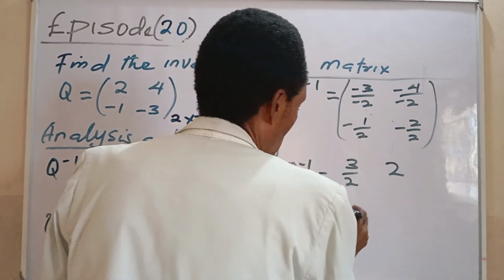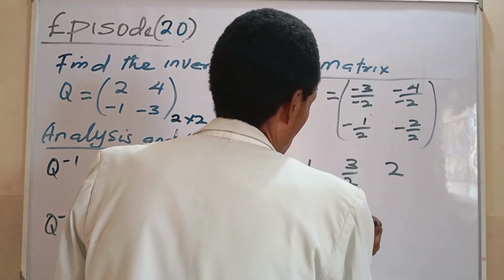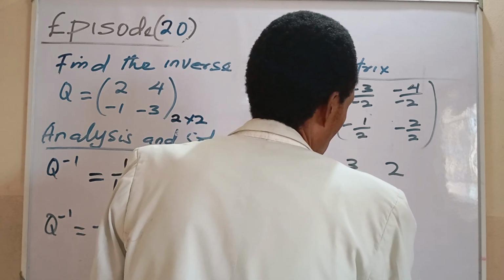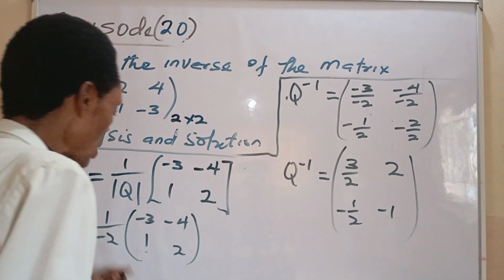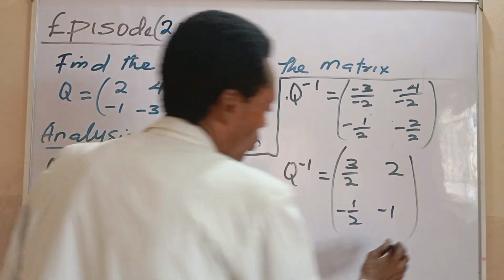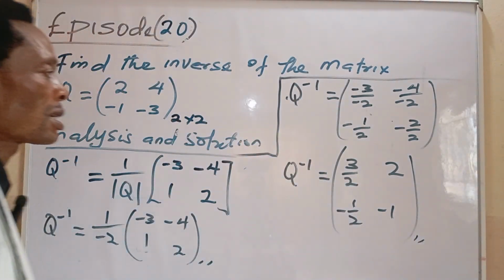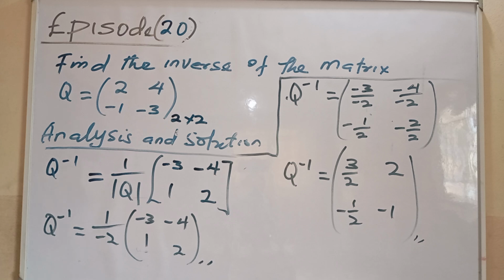Here you have minus half, and here you have 1. So this is the answer. You either stop here or you proceed to this place. This is the answer to this question.